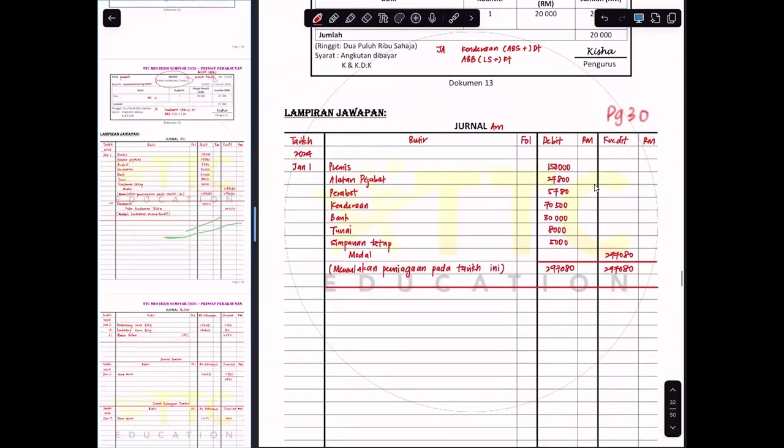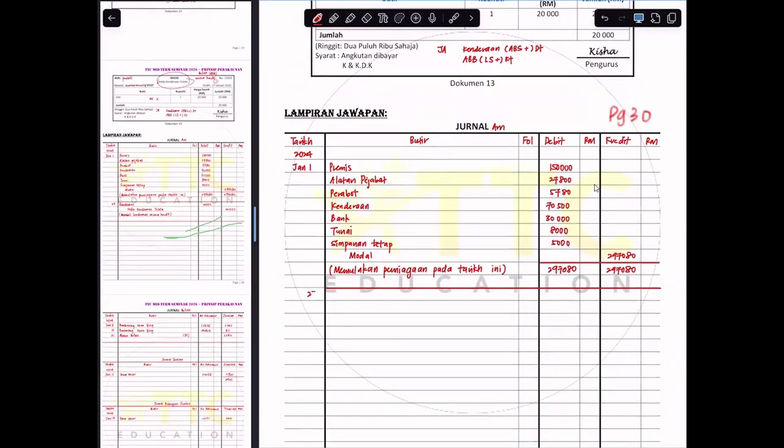So you need to debit on 27, debit kenderaan, credit kedai kenderaan Toyota, 20,000 each.